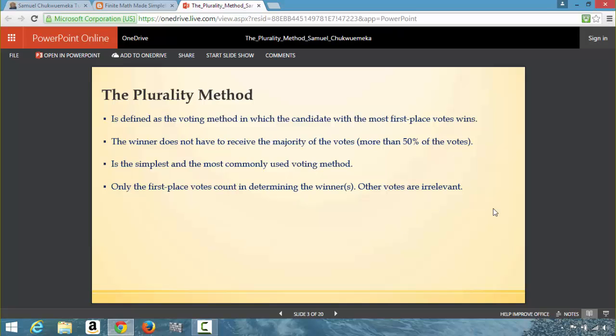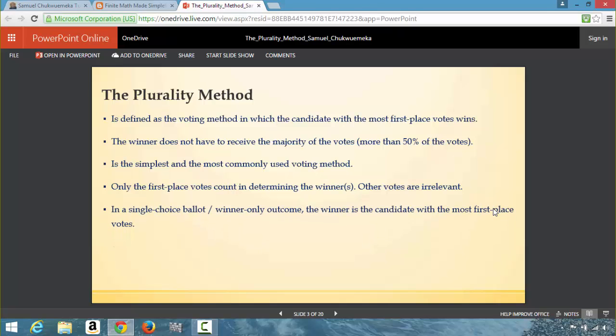Votes that ranked candidates in second, third, fourth, fifth place, as the case may be, are irrelevant. We are only looking at the votes that have candidates ranked first on the ballots.